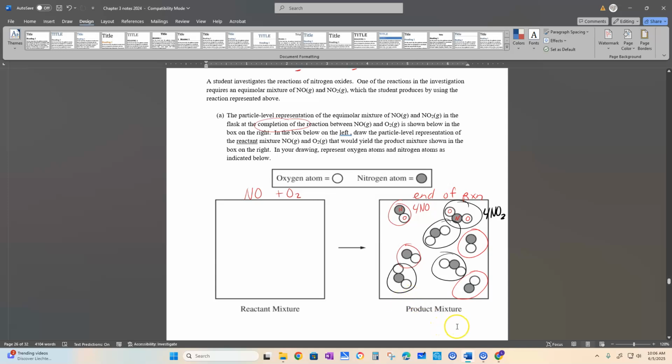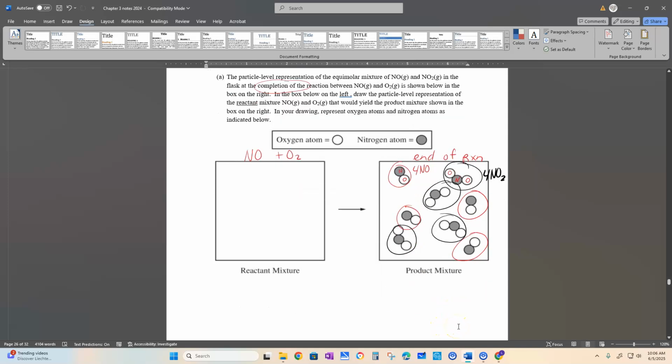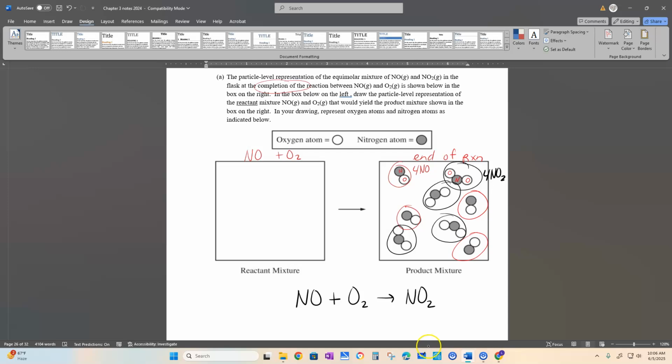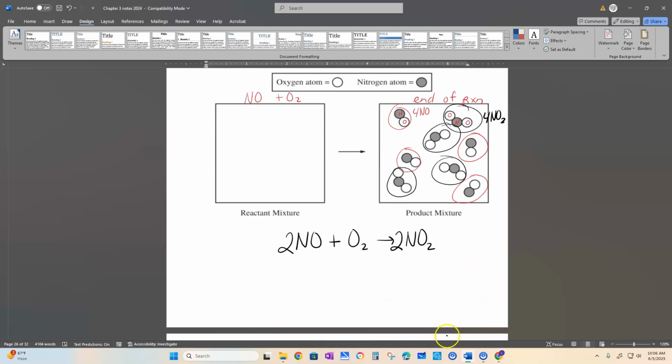So in order for me to have 4 of them, well, what does my equation show me? I have NO and O2 and NO2. And according to my balanced equation, I have to have equal moles, 2 and 2. Okay? So what are the scenarios for me to have 4 and 4?